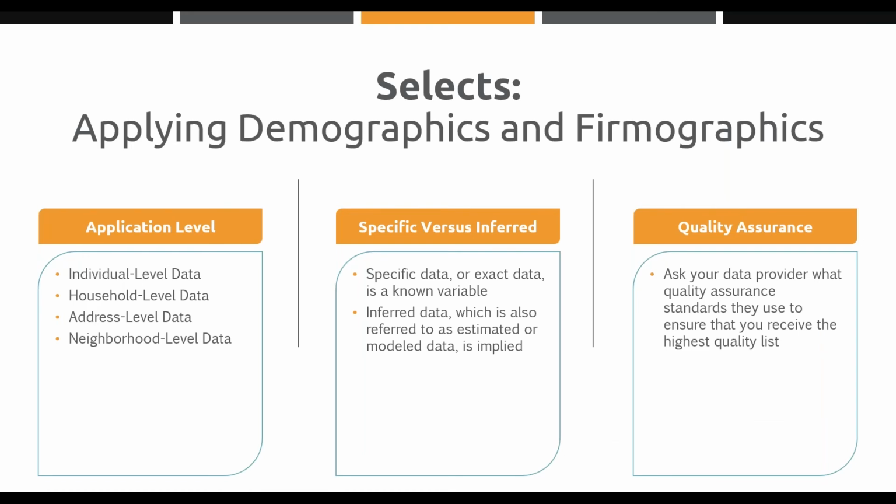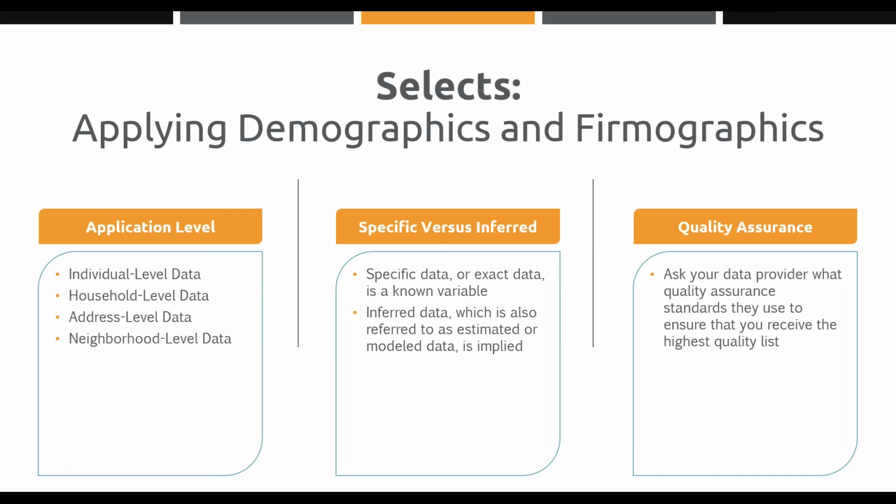Awesome. Thanks, Jeanette. So, when we were talking earlier about consumer data and business data and all the different types of selects that are available, a few things for you to be aware of when working with any type of demographic or firmographic select is really, how is that specific element or attribute applied to that person or that business?